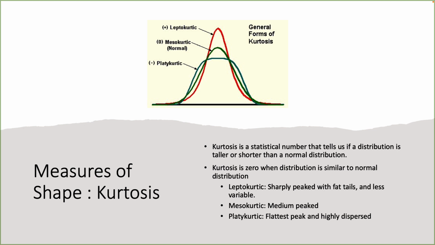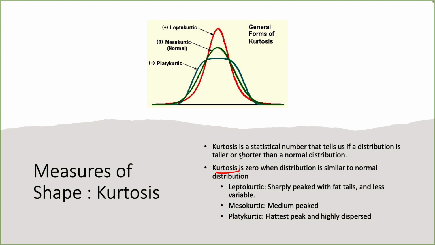If a distribution is similar to the normal distribution, then the kurtosis is equal to 0. If the kurtosis is greater than 1, then it has a higher peak compared to the normal distribution. If the kurtosis is less than 0, then it is flatter than the normal distribution.